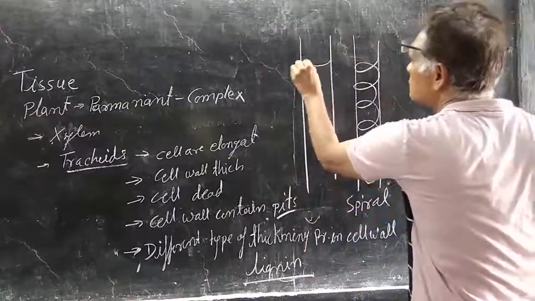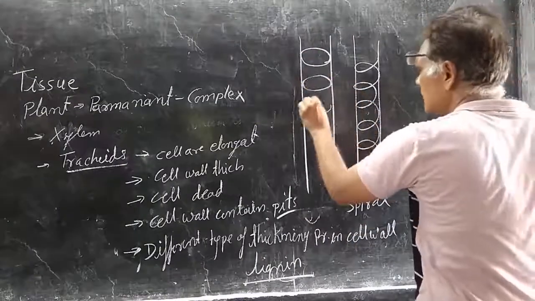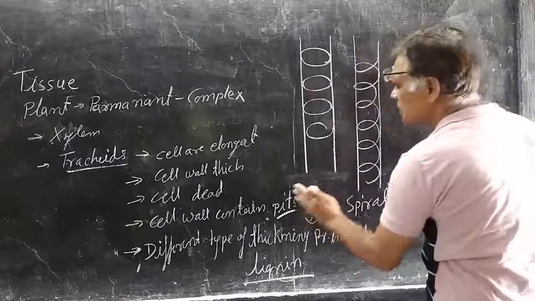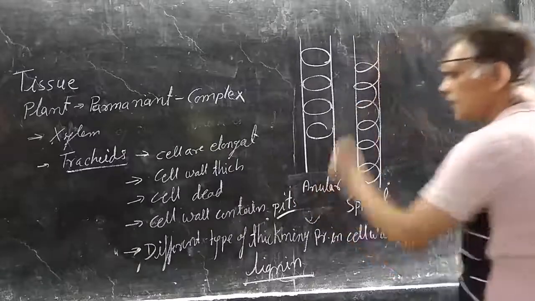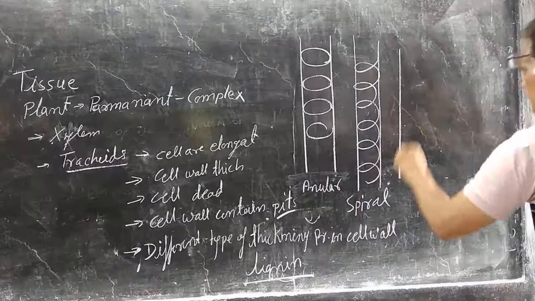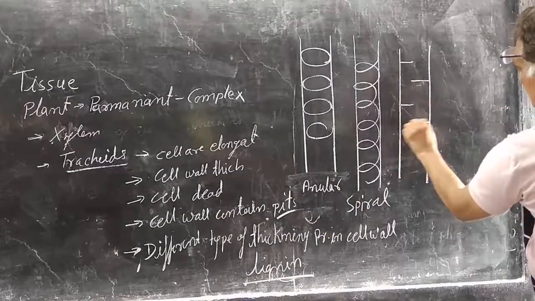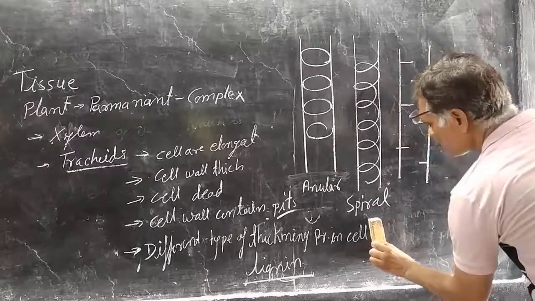If the lignin deposition occurs only in the form of a ring, and then again another ring, such type of thickening is known as annular thickening. If this deposition occurs in the form of scales, like this, that is scalariform.